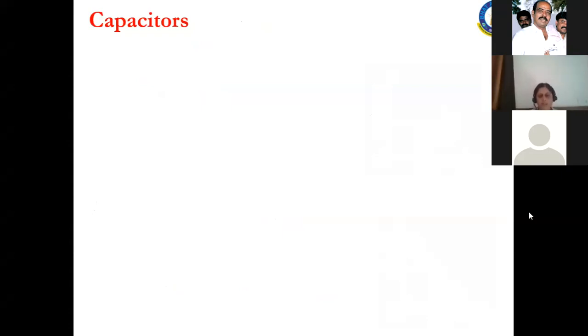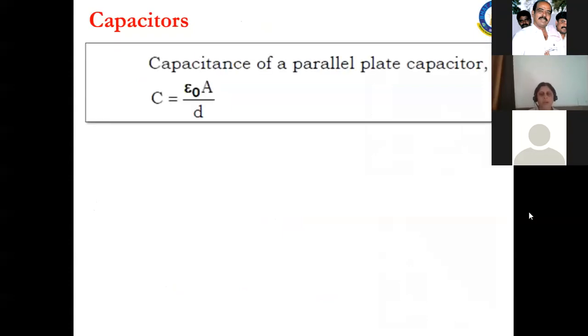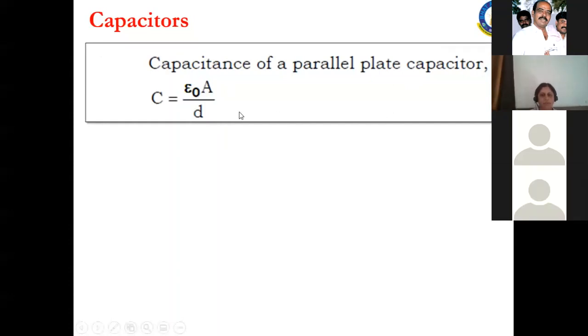The capacitance of the parallel plate capacitor C is equal to epsilon naught A by D, where A is the area of the parallel plate capacitor and D is the separation between the two plates of the capacitor.